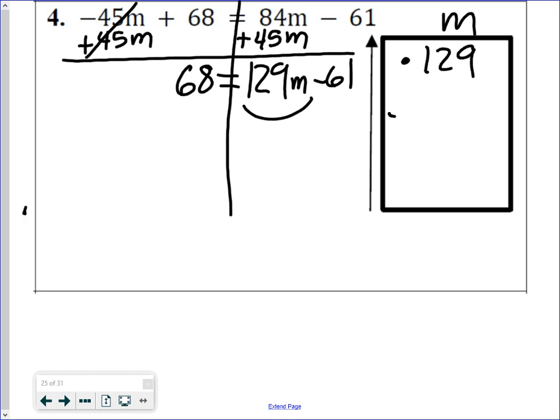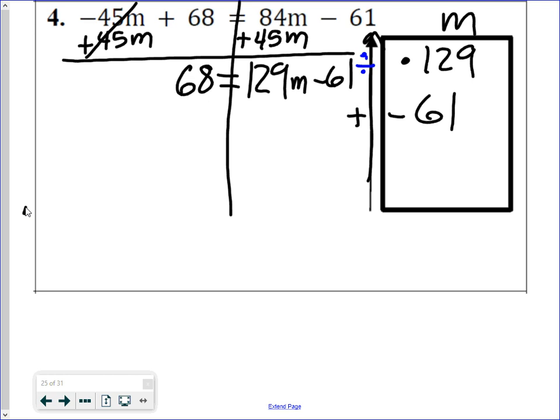Then it's being subtracted by 61. Remember, we're going to do bottoms up and do the opposite. So instead of minusing 61, we're adding 61. And instead of multiplying by 129, we're going to divide by 129. I'm going to write that in blue so you can see it, I hope.